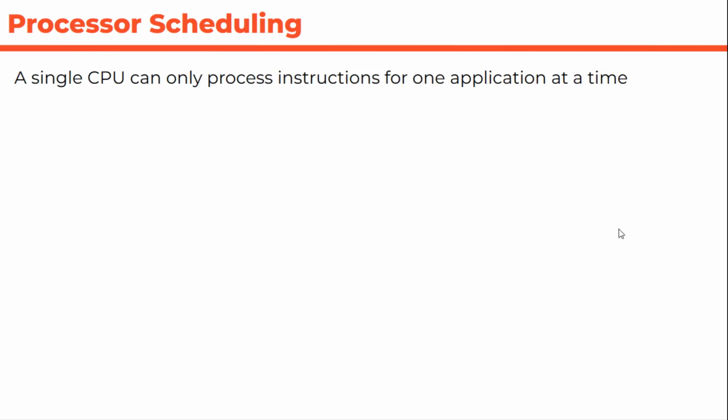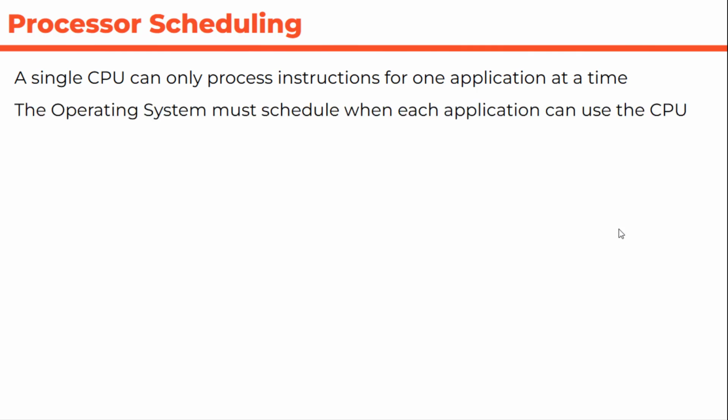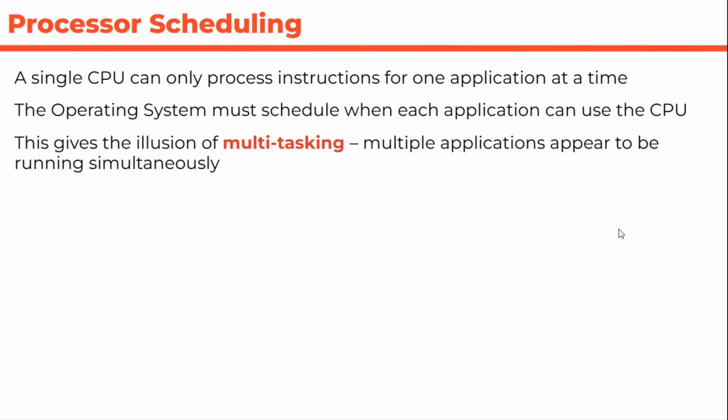So let's talk about processor scheduling then. We know our scheduling algorithms, and these are popular exam questions in OCR's exams. A single CPU can only process instructions for one application at a time. It's true, isn't it? Fetch, decode, execute, fetch, decode, execute. So the operating system must schedule when each application can use the CPU. Now I'm talking very basic stuff here, a single core processor.